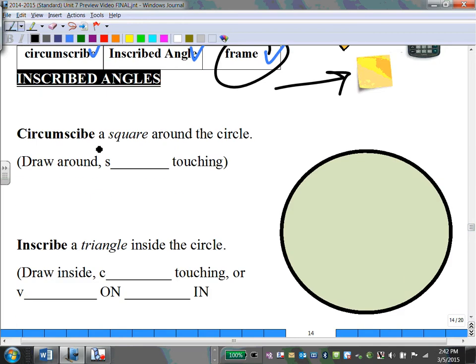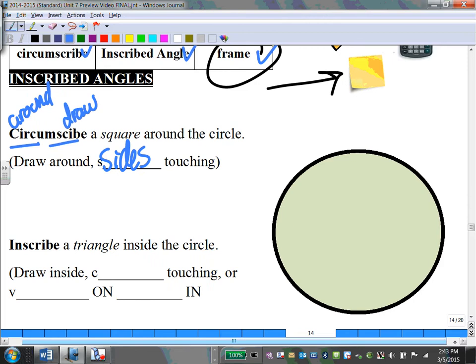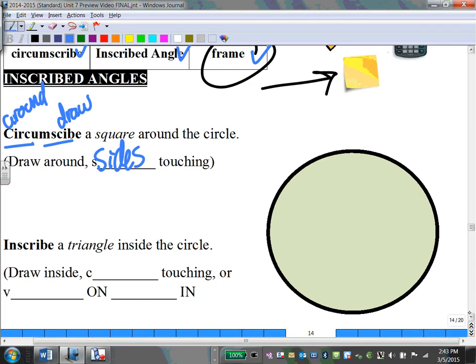It says, circumscribe a square around the circle. Circum means around. Scribe means draw. So it means to draw around a shape with the sides touching.